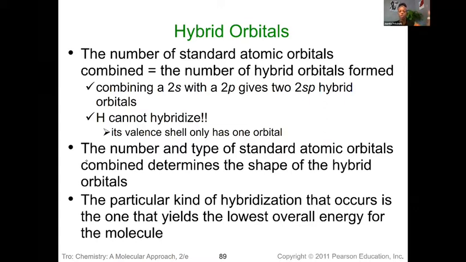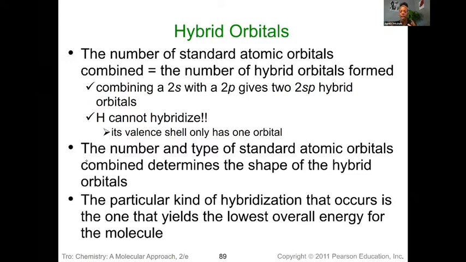So if I take a 2s orbital, again, that 2 meaning the energy level, and I take an s orbital and then the p orbitals, well, if I take 1s, 1p, the name of it would be sp, and we would now have 2 of them. Okay, the number of orbitals that I'm combining makes the total number of these hybrid orbitals that exist.